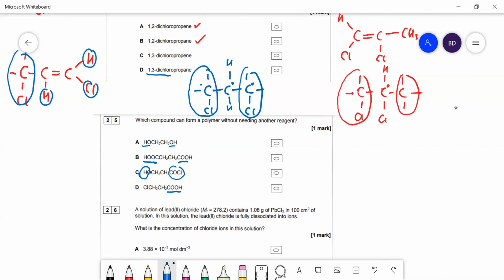And this one has got a carboxylic acid and a chloroalkane. Well, that can't react with a carboxylic acid. So C is the answer. They're going to polymerize by losing HCl and forming an ester linkage. Okay, like that.